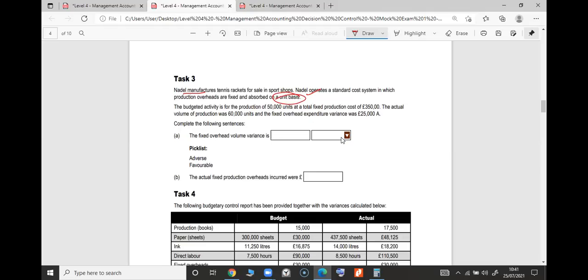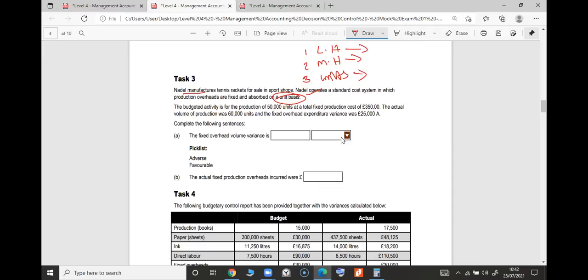Over absorption. I'd like to go a little extra mile here. How many bases are there? 1, 2, 3: labor hour, machine hour, and unit basis. If they don't tell you which basis to choose, no, ABC is not any basis.